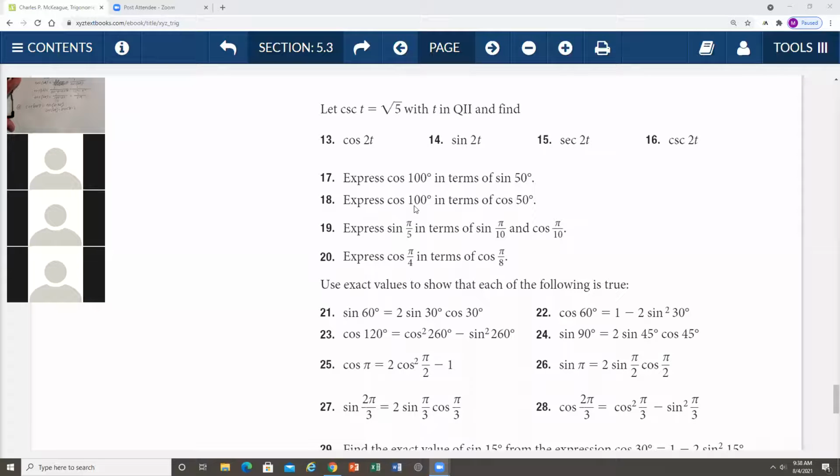Why did I not use a version that involves the sine function? Because in the instructions in problem number 18, they want you to express the cosine of 100 degrees only in terms of cosine of 50 degrees. They're not saying anything about sine 50 degrees being present in your final result. Because of that, I'm going to choose this version for the double angle identity for cosine.